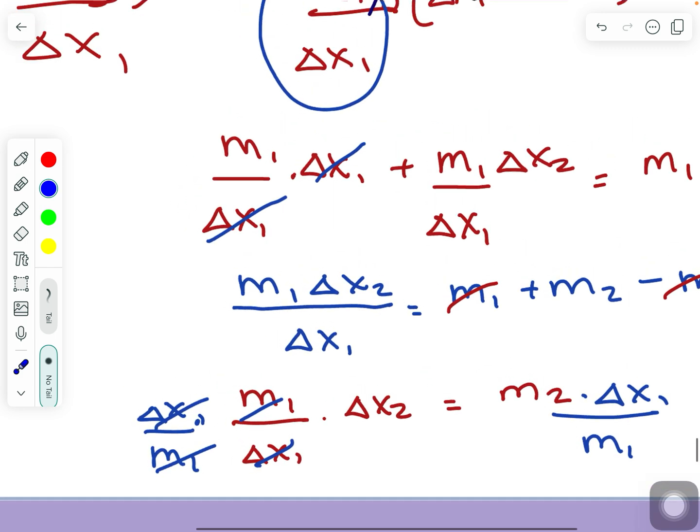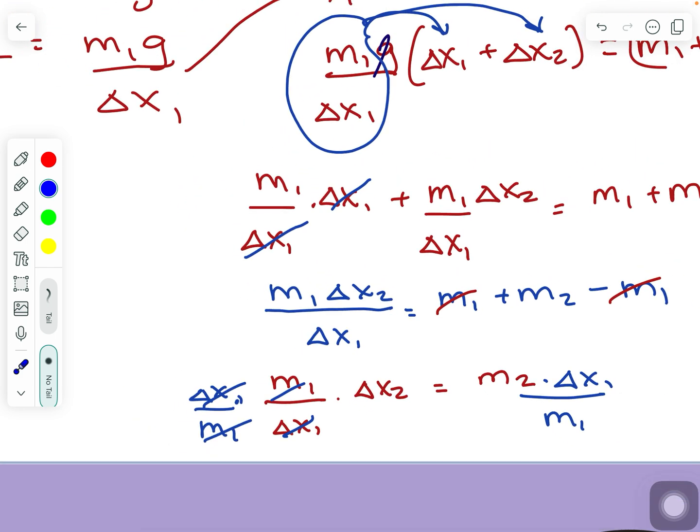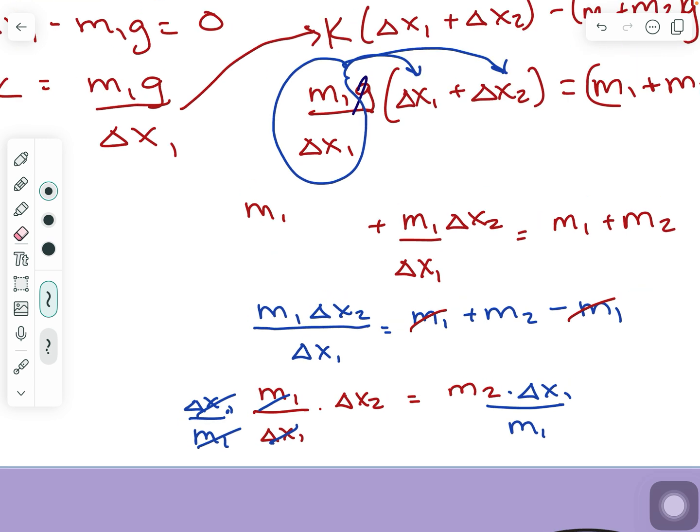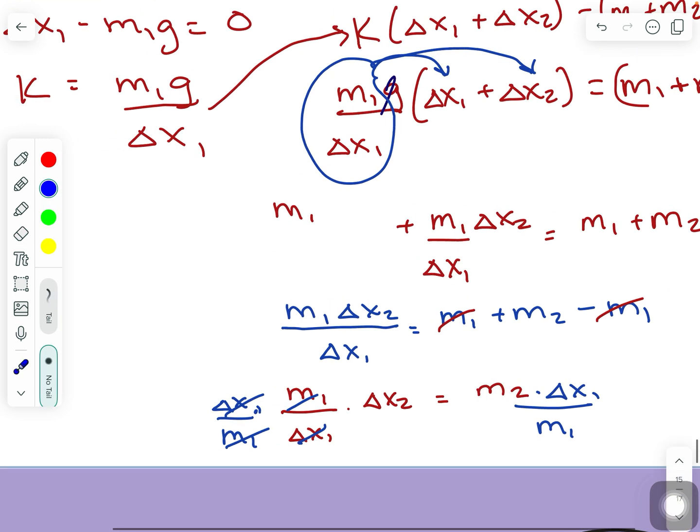So what I have done, I actually did two steps at once. Hopefully you can follow. Once these are gone, and I'm actually going to erase them because they did cancel, what I did here is I had m1 plus m1 over delta x1 times delta x2, and I subtracted m1 on both sides.